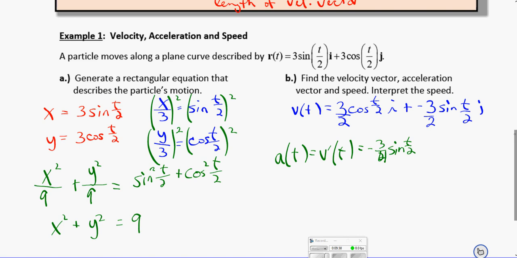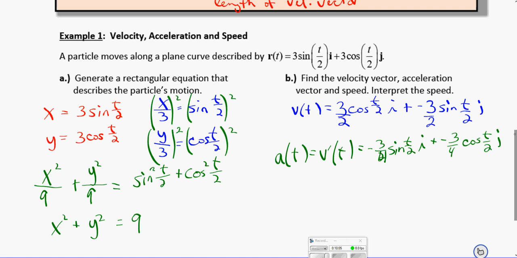That's the horizontal component of the acceleration vector. So I'm going to multiply by vector i, plus negative 3/4 cosine t over 2 times vector j. And there's the acceleration vector.